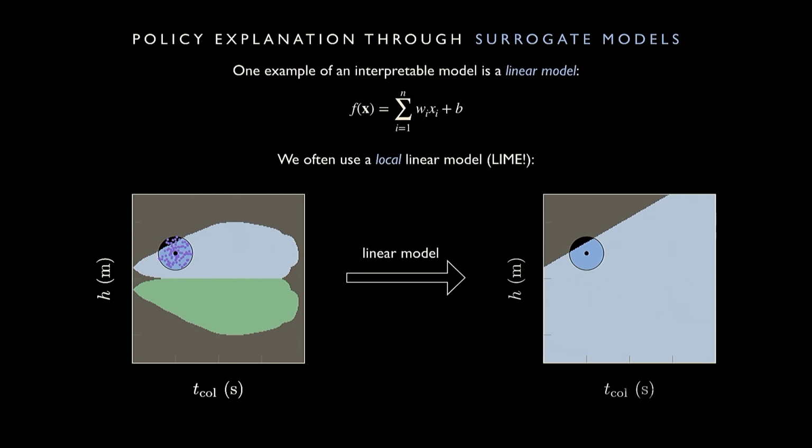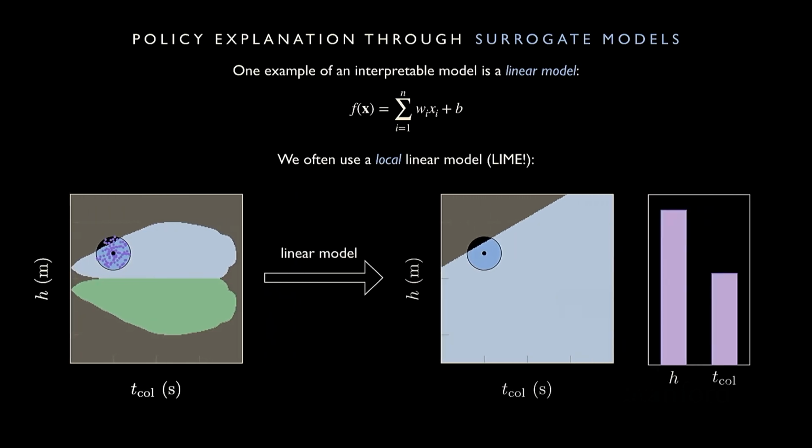And so you can see within this circle, it approximates it quite well. But again, this is a local model, so if we look at the rest of the policy, it certainly doesn't do a good job approximating it. But we can understand that within this region, this model accurately matches the true policy. And then we can actually look at the weights of the model, like we said we were going to, and understand how important each feature is.